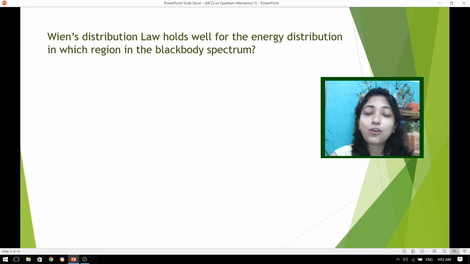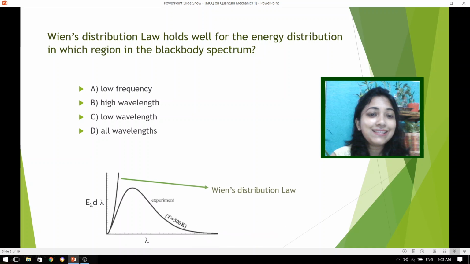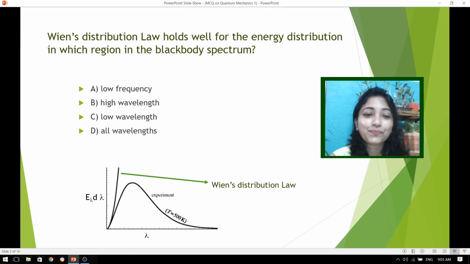Wien's distribution law holds well for the energy distribution in which region in the black body spectrum? Low frequency, high frequency, low wavelength or all wavelengths? Now just look into this graph. As you can see, Wien's distribution law has been shown with the help of the arrow, and the other plot is obviously the experimental black body spectrum.